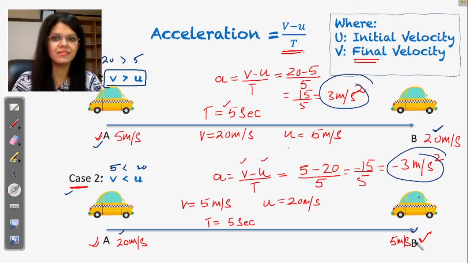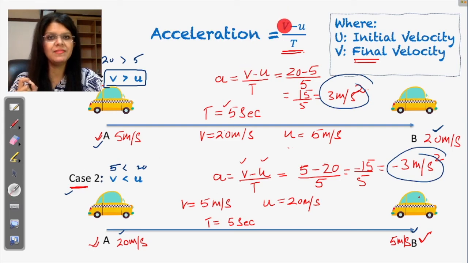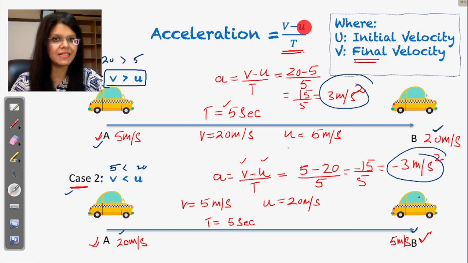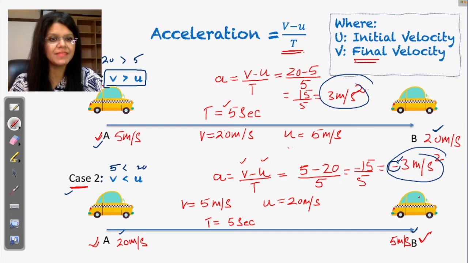So why get confused when you're applying the formula? Always remember in the formula, V is the final velocity, U is the initial velocity. Do not interchange the position just because you want to make things convenient for you by getting a positive answer. No. Let us understand what this negative term means. The negative sign here means that you are speeding down.